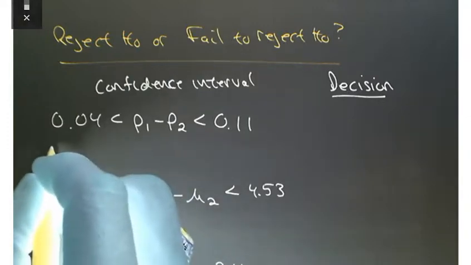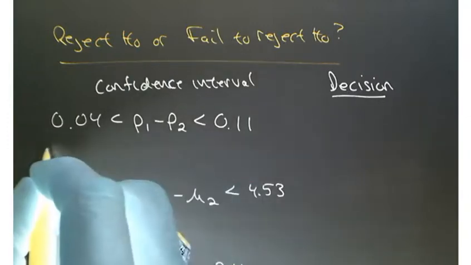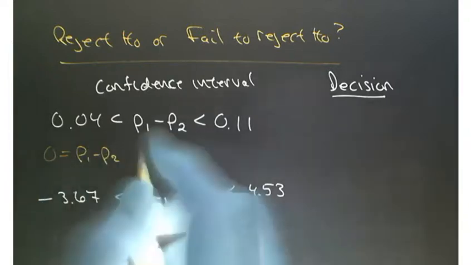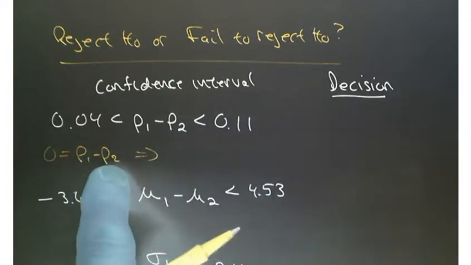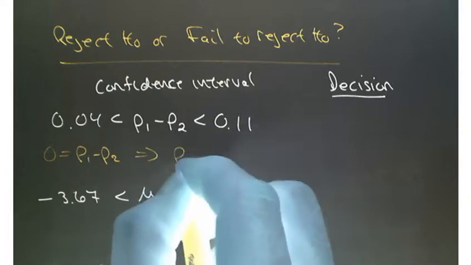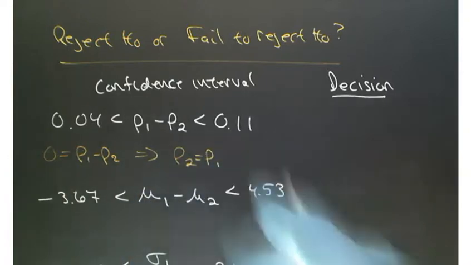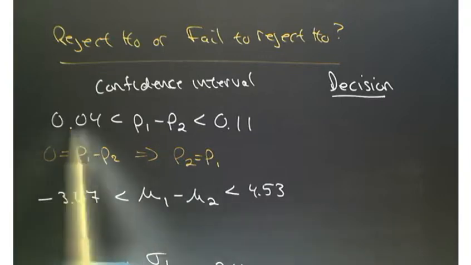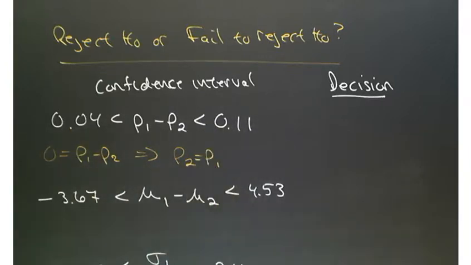Because if 0 was a possibility, then 0 equals P1 minus P2. That's the same as, well, move that to the side, P2 equals P1. In other words, you shouldn't be rejecting if that's the case. But notice that 0 is not part of this interval. If you were to actually draw that, then you wouldn't find 0 there.